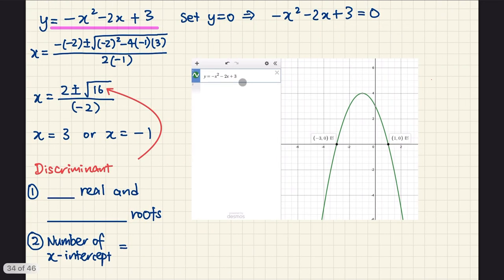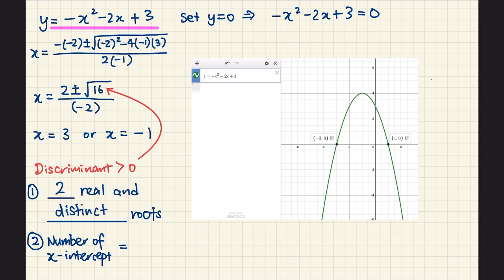So coming back to here, if I were to proceed to actually solve the quadratic equation, notice that the discriminant b squared minus 4ac is actually 16, which is positive. Then we obtain two solutions here. So these are the two real and distinct roots that we're talking about.